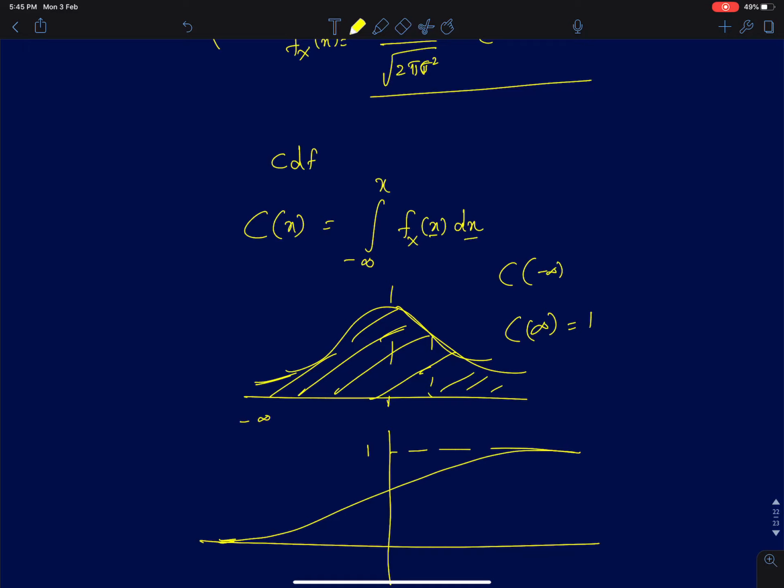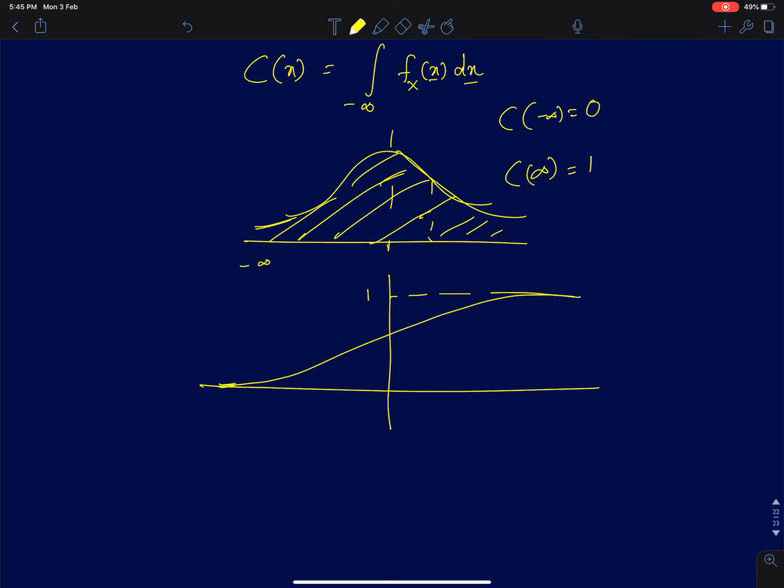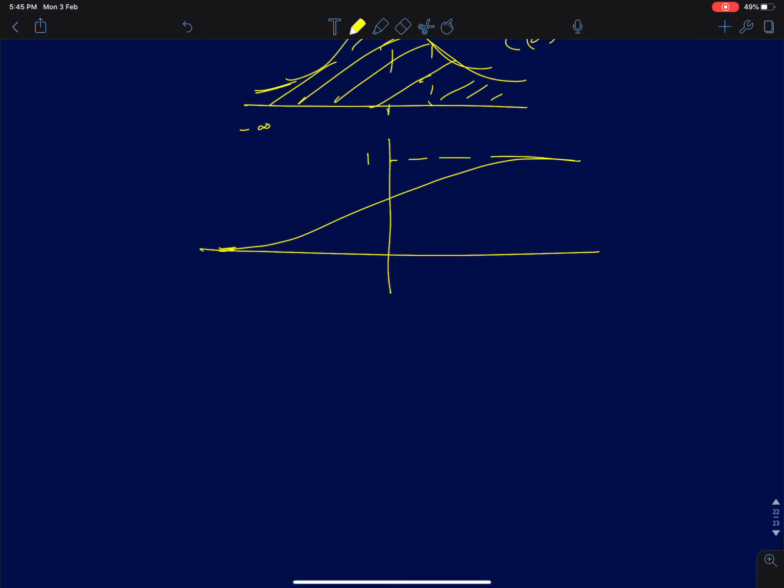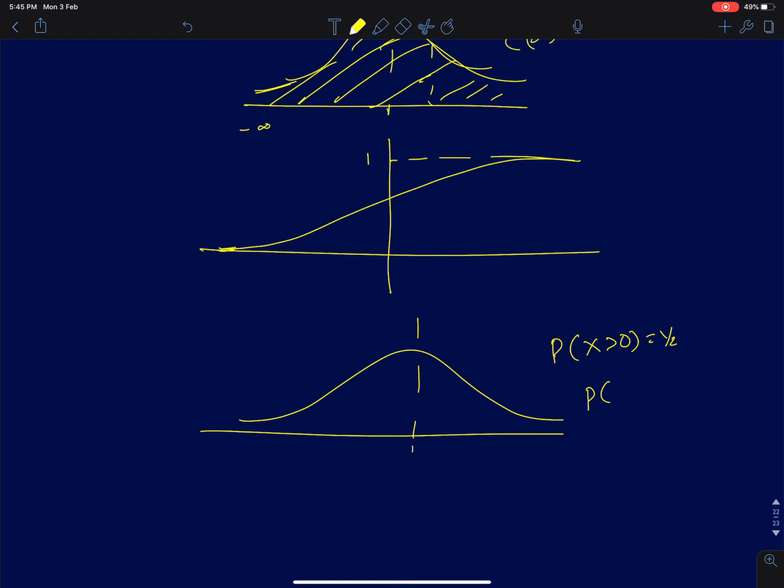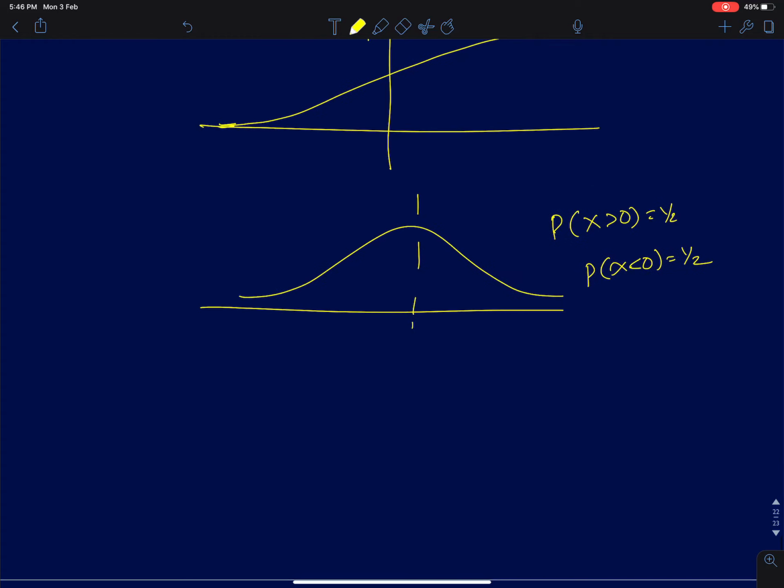If you look at the Gaussian random variable, it is symmetric around the origin, which means the probability that x is greater than 0 is half, and the probability that x is less than 0 is also half. So C of x is simply the probability that the random variable is less than or equal to x.